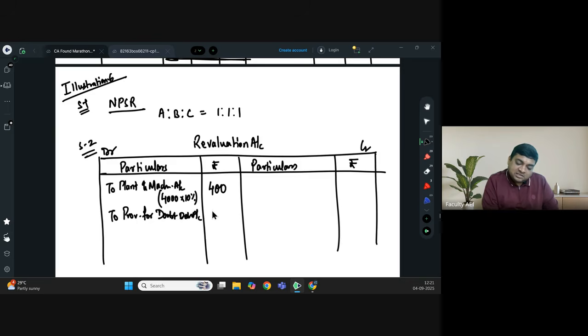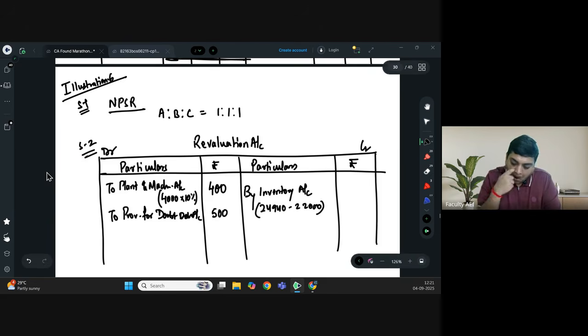Provision for doubtful debts 500. Right? The value 24,940 minus 22,000.